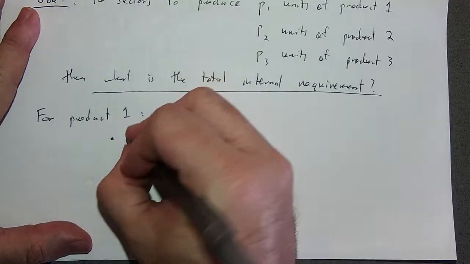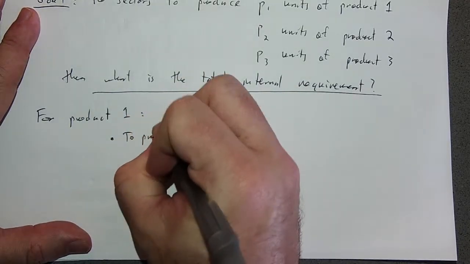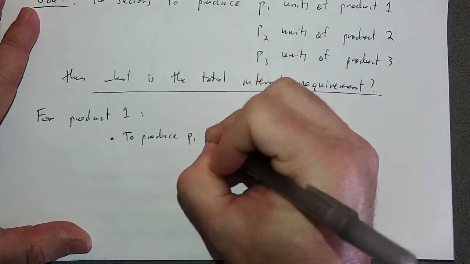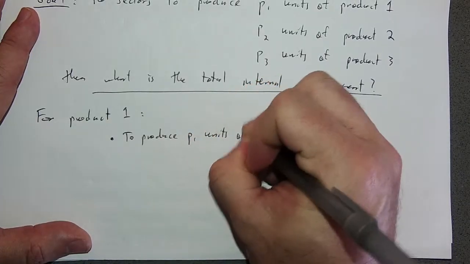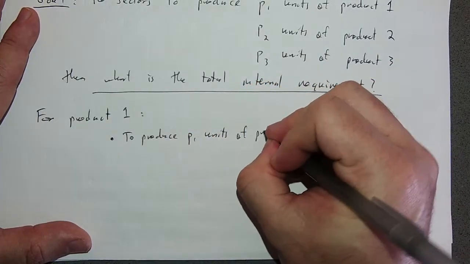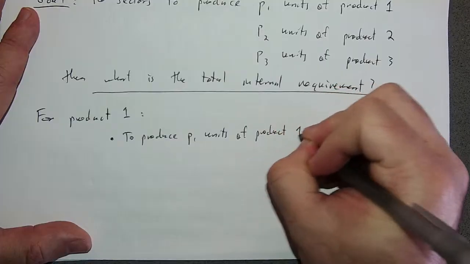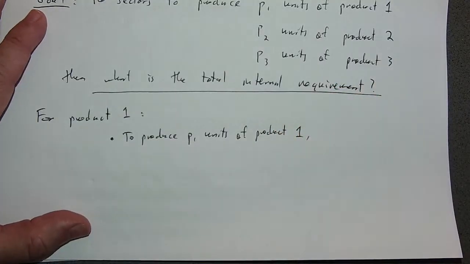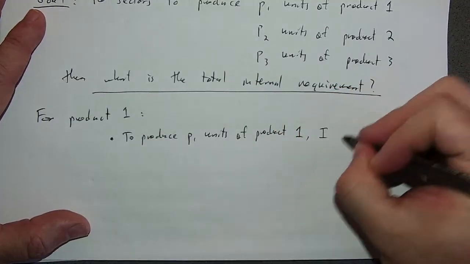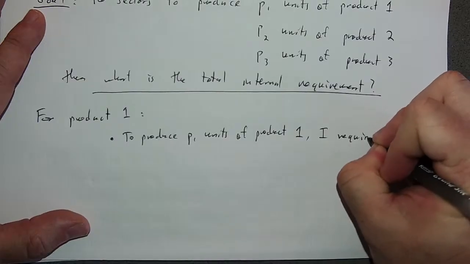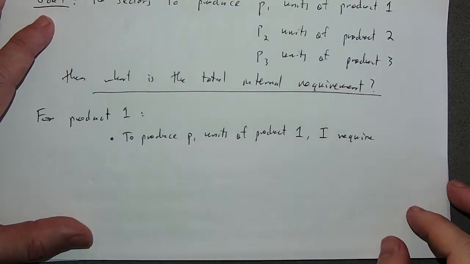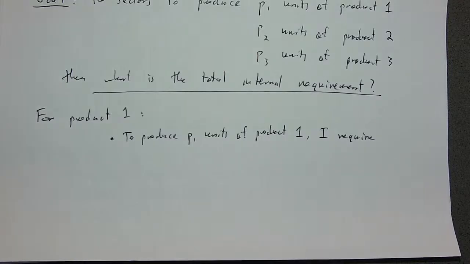To produce P1 units of product 1, I require how many units of product 1?